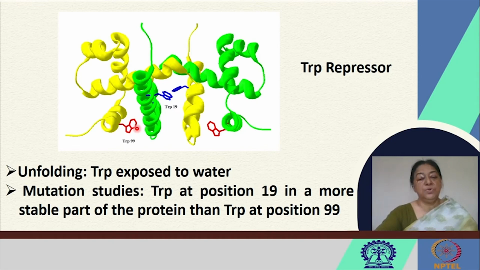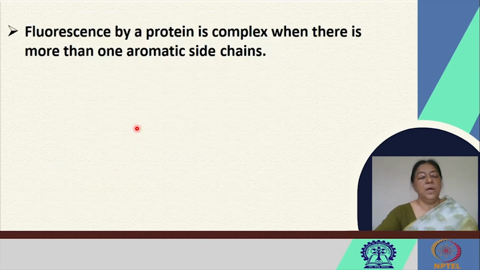We see that the tryptophan at position 19 is in a more stable part of the protein than that at 99. So fluorescence by a protein is complex when there are more than one aromatic side chains, because we have contributions from the others as well, and also, as we saw, when we have multiple tryptophan residues.